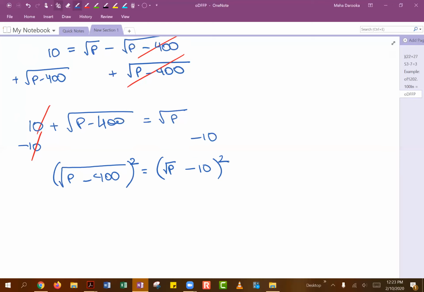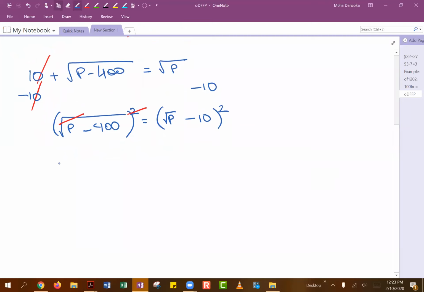It will work the other way, it's just going to take a couple extra steps because of that P minus 400 in there. So that's why we're moving the 10 to the right-hand side. On the left, square root and square cancel each other out. And now you just have P minus 400, and you're done with that guy.